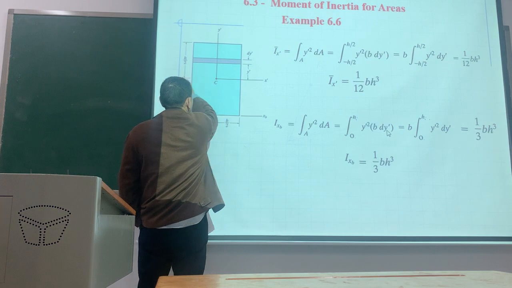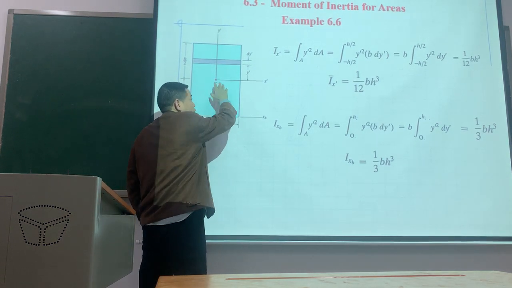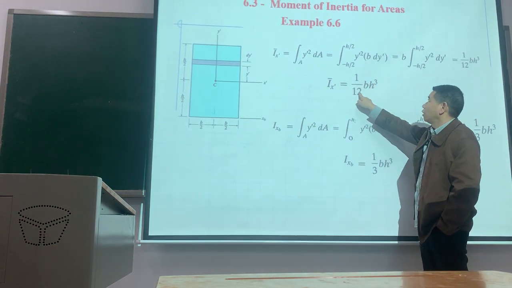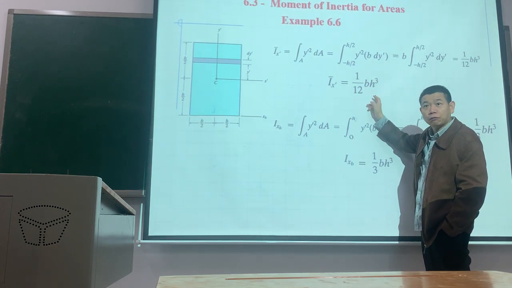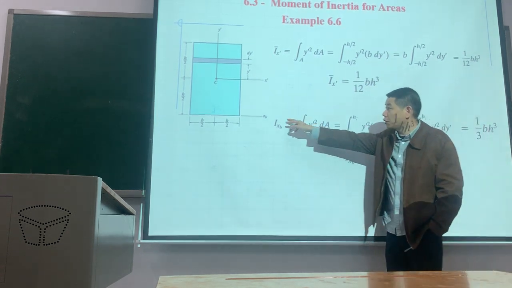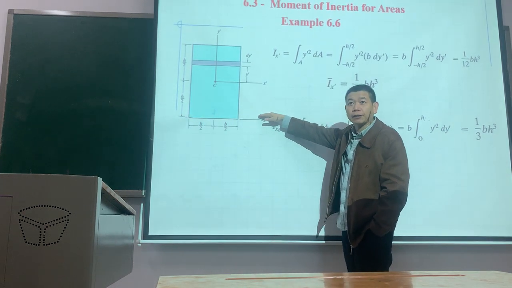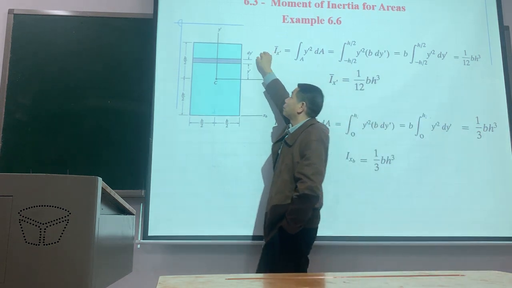Remember, suppose the x passes through the center of the rectangle. The answer is b h to the third power over 12. Suppose the x is the bottom side or the top side.